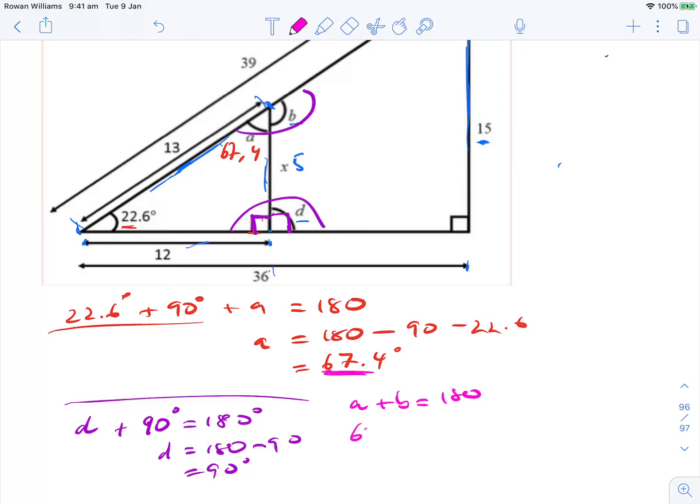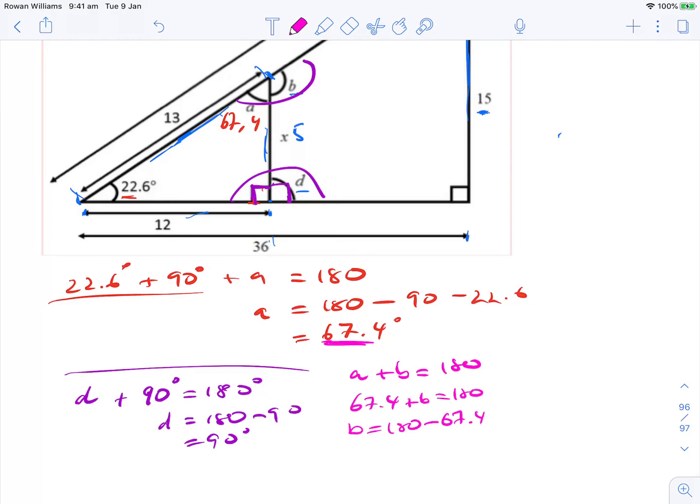So 67.4 plus b is going to equal 180, which means that b equals 180, take away the 67.4, which is going to equal 112.6 degrees.